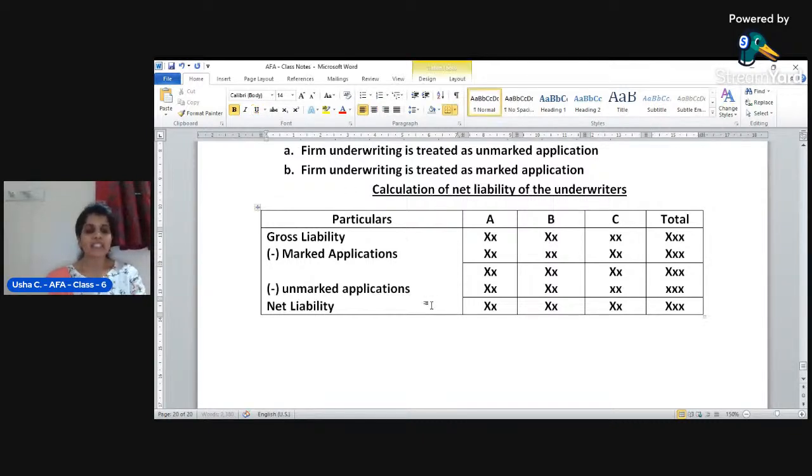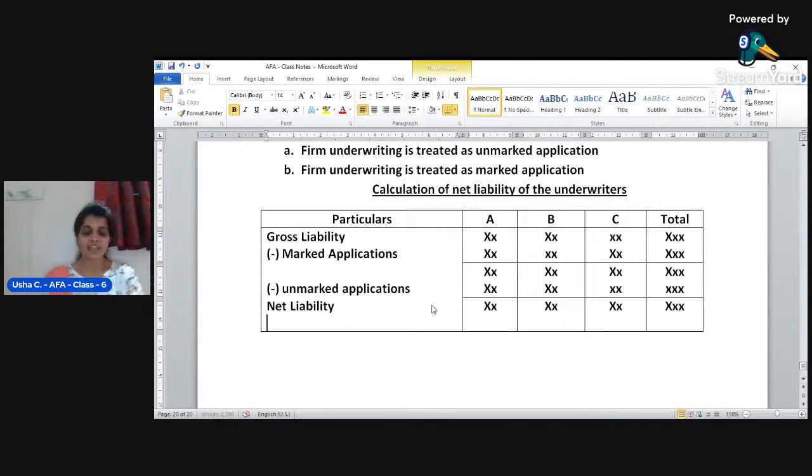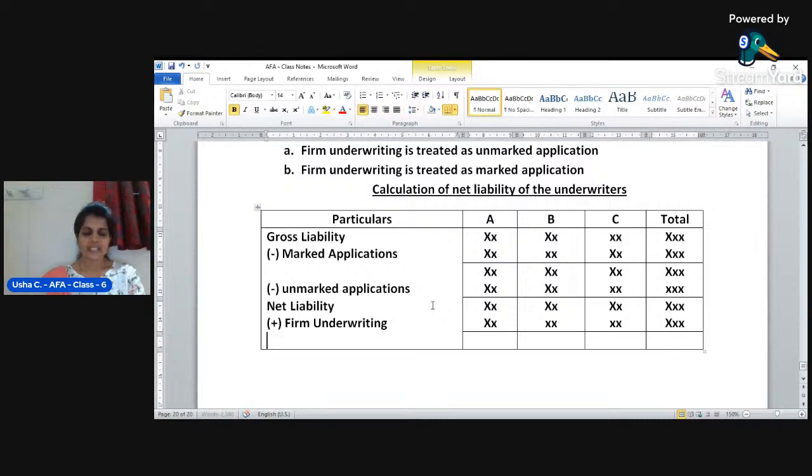But when there is a firm underwriting, we have to add this firm underwriting, and if you add it, the balance you get is called total liability of the underwriters.